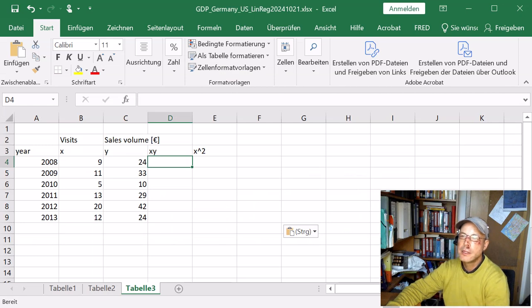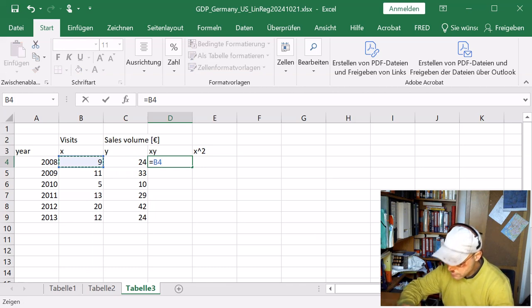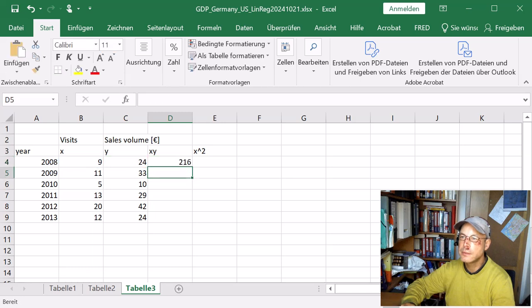And therefore, I just already put in here that we calculate the multiplication of x and y, and here we calculate x squared. And this can be done taking 9 times 24, enter.